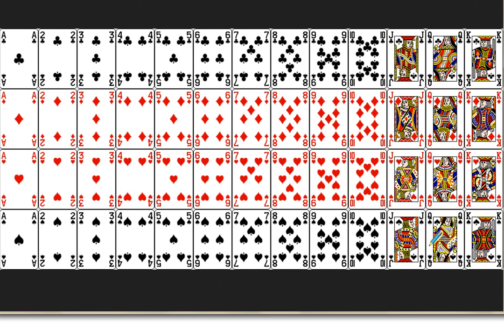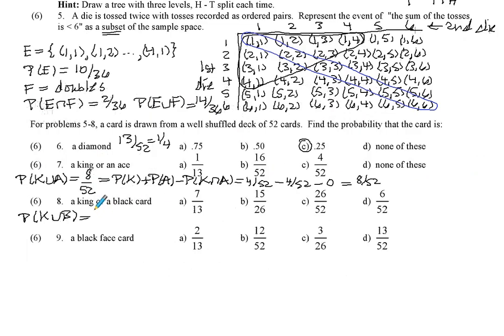If we take the black cards, 13 plus 13 is 26, and then we unite that with the kings. The king of clubs and the king of spades have already been counted in the 26, so we've got 2 more to add in, so 27, 28. So in the union there are 28 cards out of 52 that are either kings or black cards.